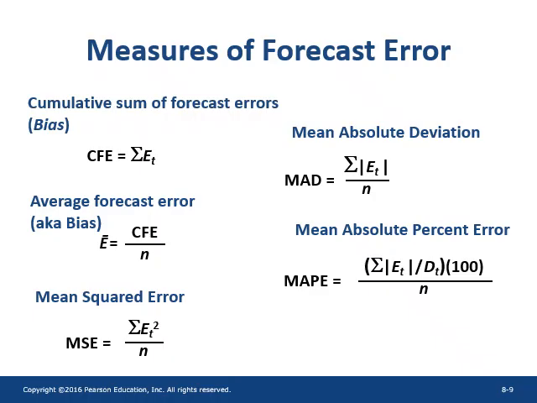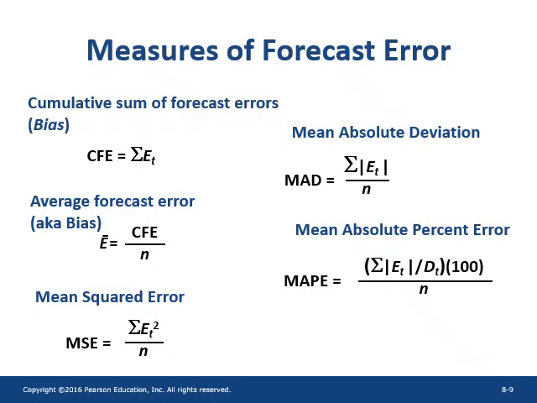If you square the error terms and divide by the number of error terms, you'd get the mean squared error. And because it's related to the standard deviation, it's something that's of interest to us. It's something that's just calculated in the process of coming up with a forecast when you're using regression.